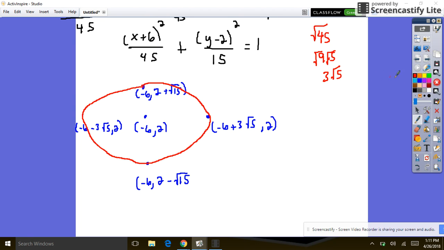Yep, we got to find our foci. Question? Oh, this is just breaking down the square root of 45. Because you got to break it down.